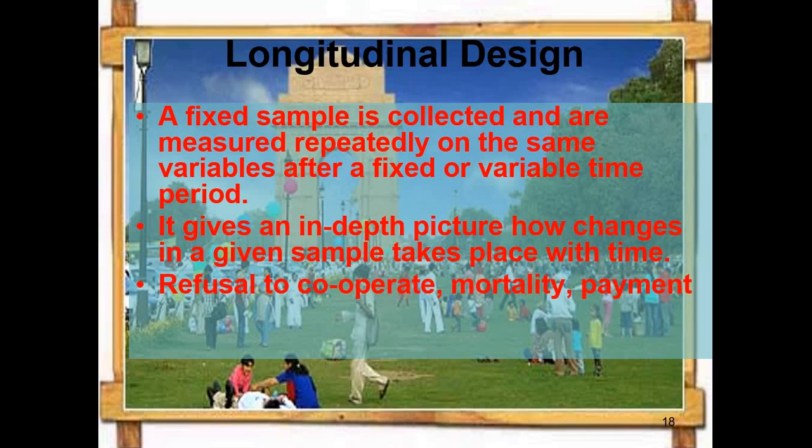There is a problem with implementing this type of design, and it is that there might be some refusal to cooperate, because if you keep on asking similar types of questions to a group of individuals after a time gap of 2 months, then 3 months, then 7 months, people at some stage may withdraw from the survey and find it monotonous to give similar information. Many times when their values do not change, like consumption pattern does not change, they don't find any meaning in providing this information.